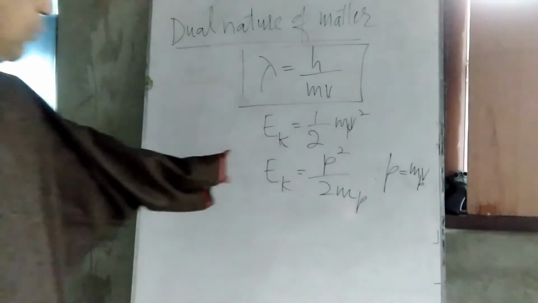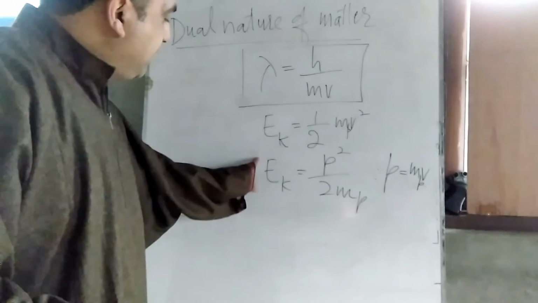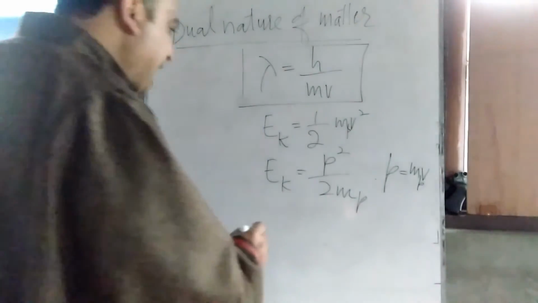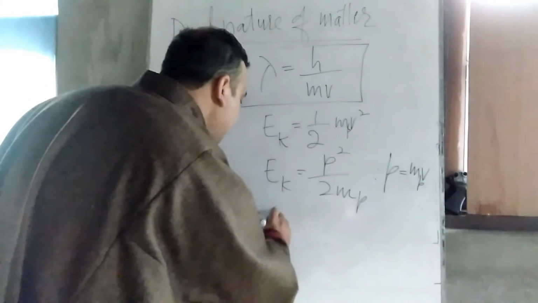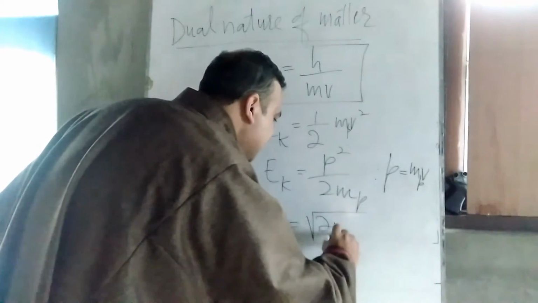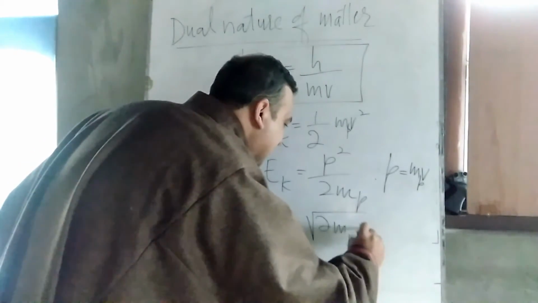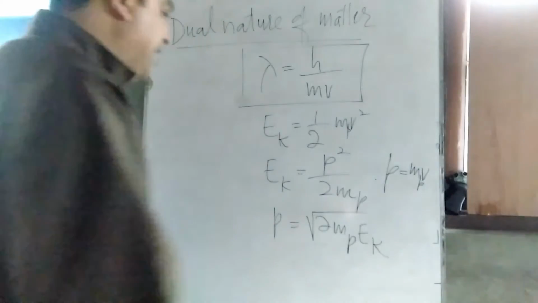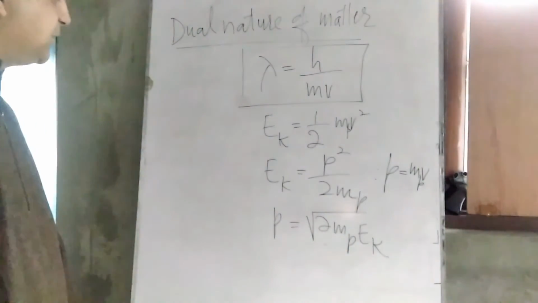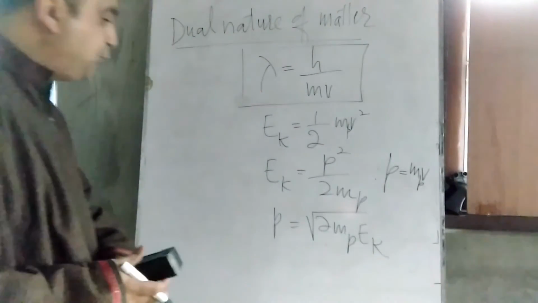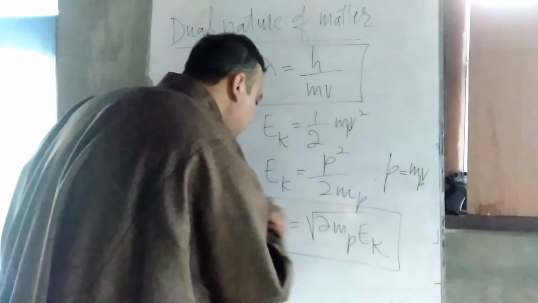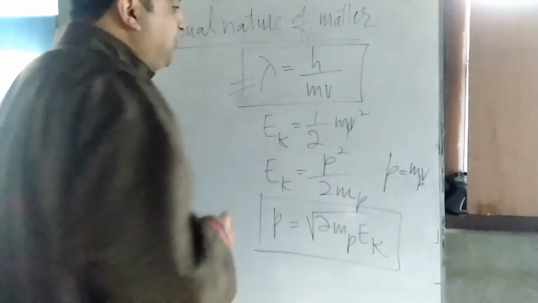So if I use this equation in de Broglie's equation, what will I get? I can write here this momentum is under root of twice mp Ek. Here mp is the mass of the particle and Ek is the kinetic energy of this particle which is in motion. So I can substitute this momentum in the de Broglie equation.